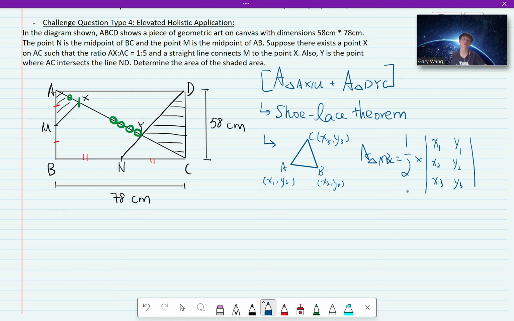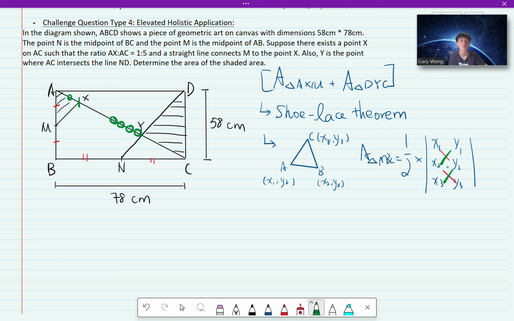So how can we do this? We multiply x1 with y2, x2 with y3, and we add up those two results. And then we multiply y1 with x2 and y2 with x3, and we also add up those two results.